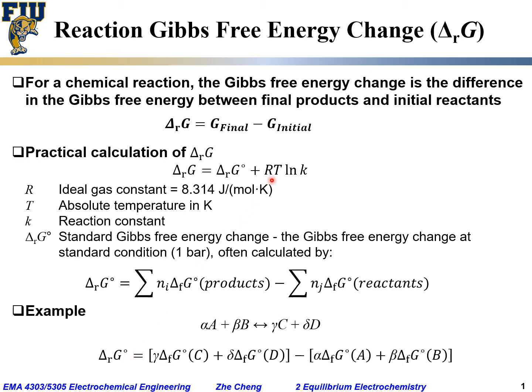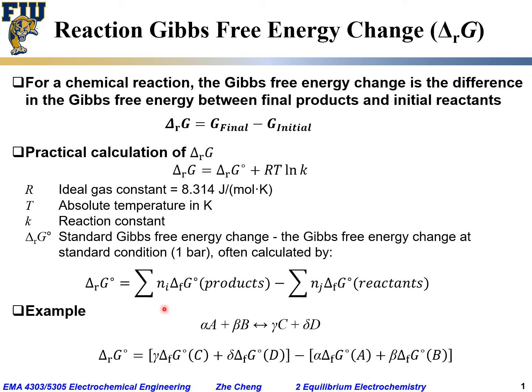It can happen at different temperatures, but the pressure has to be standard pressure, which is 1 bar, close to 1 atmosphere. It would be the summation of delta FG0 for product C and product D, with the stoichiometric coefficients. For C, the coefficient is gamma. For D, the coefficient is delta.